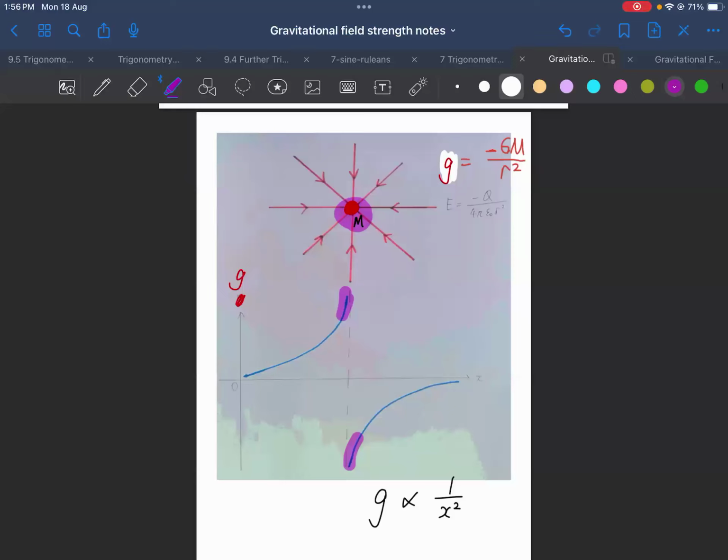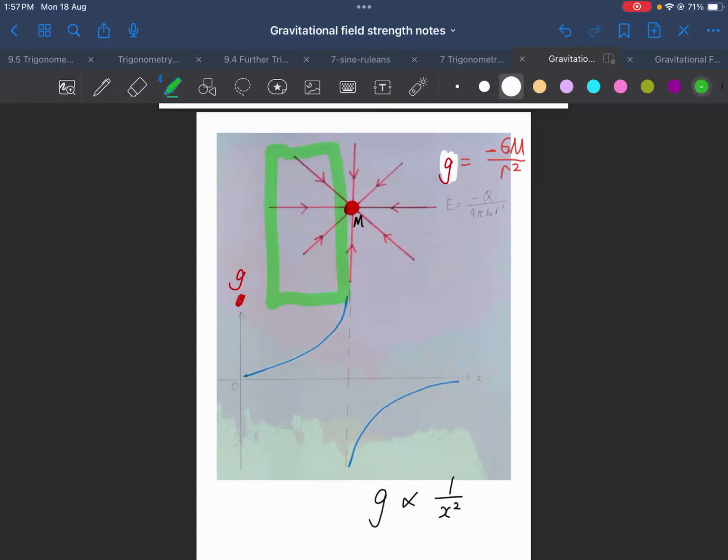The value of the gravitational field strength is super big, all right? And as you are really, really far away from the mass, then your gravitational field is like 0.